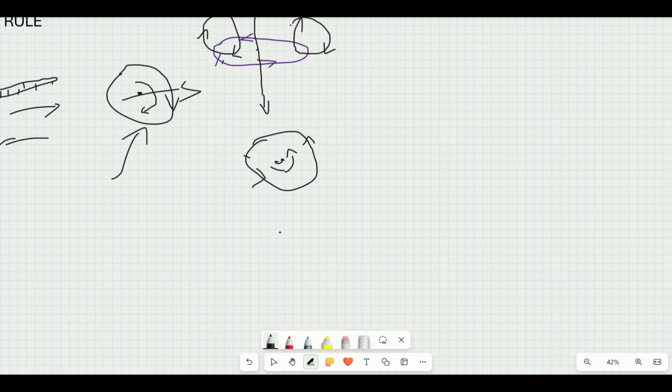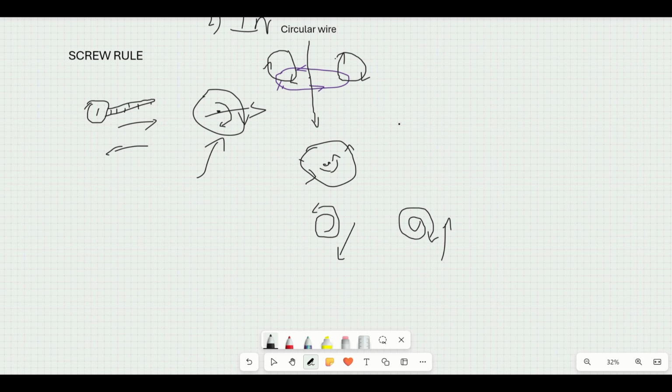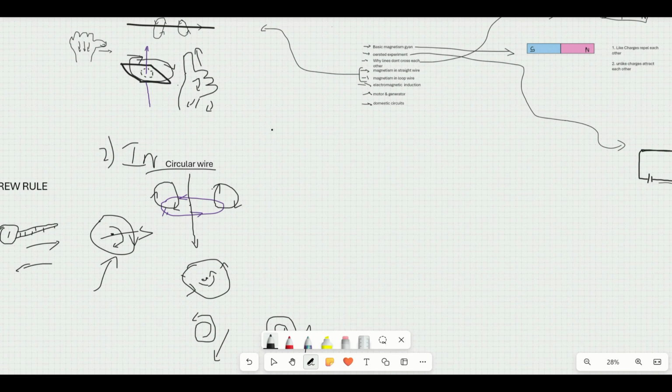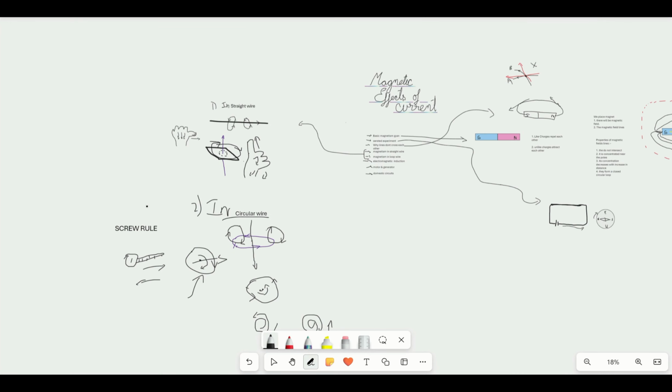And everyone knows that if a screw is going anti-clockwise, then it comes out. If it is going clockwise, it gets inside. So this is the rule that we will use to tell the direction of the field in a circular wire.